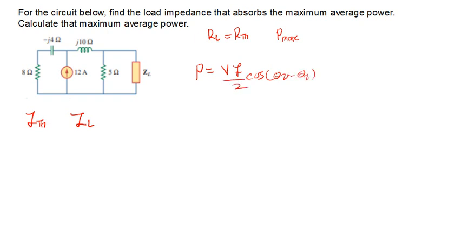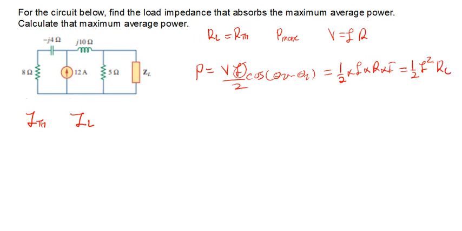And this can also be expressed as, if you're talking about power absorbed by a load, 1 over 2, where voltage is equal to current times resistance. This gives you 1 over 2 multiplied by I squared, or current squared, times the load resistance that you're talking about.